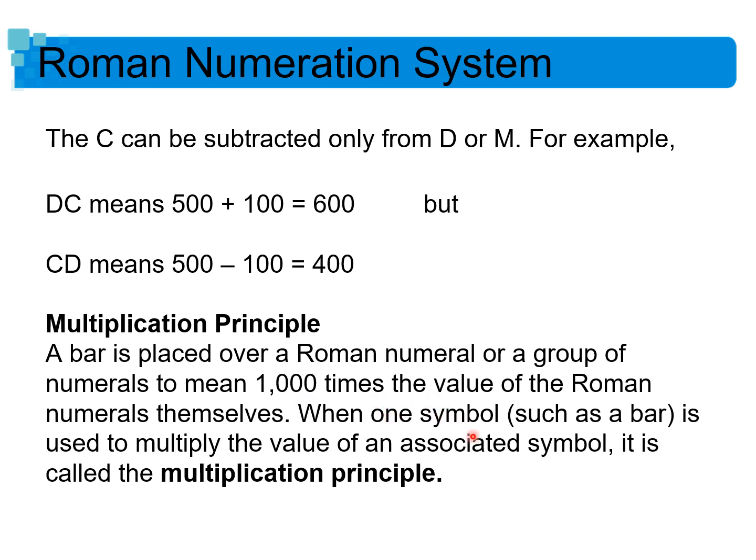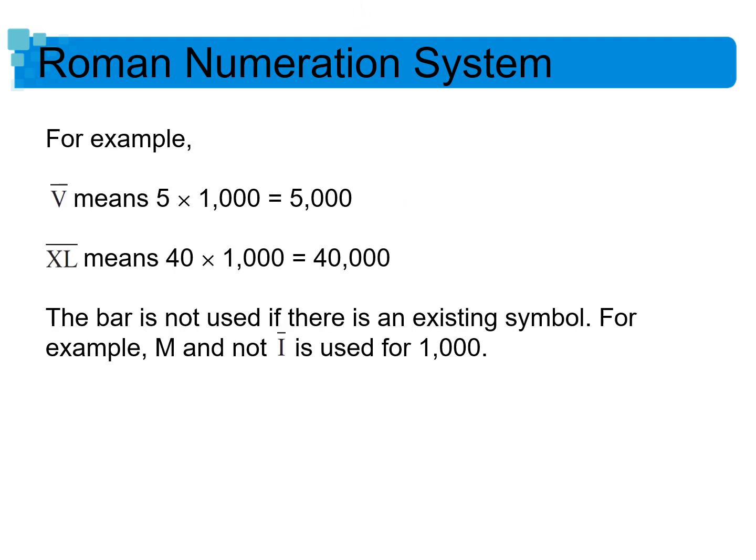So for example, a bar written over a V means 5 times 1,000, which is 5,000. A bar written over XL means 40 times 1,000, which would be 40,000.